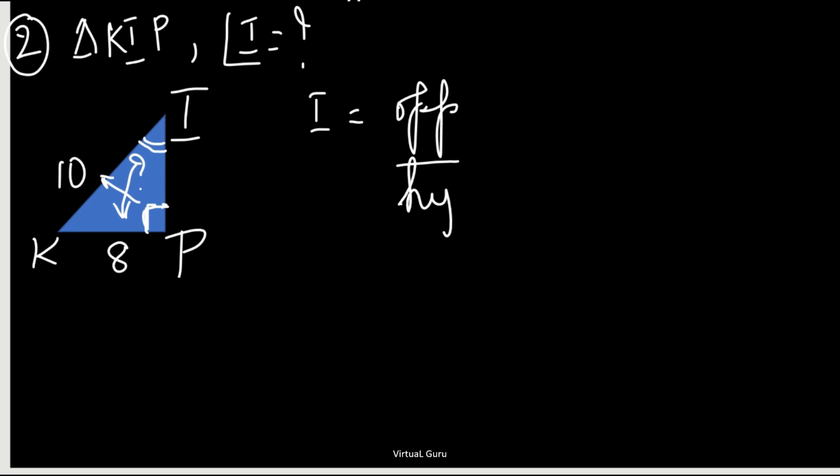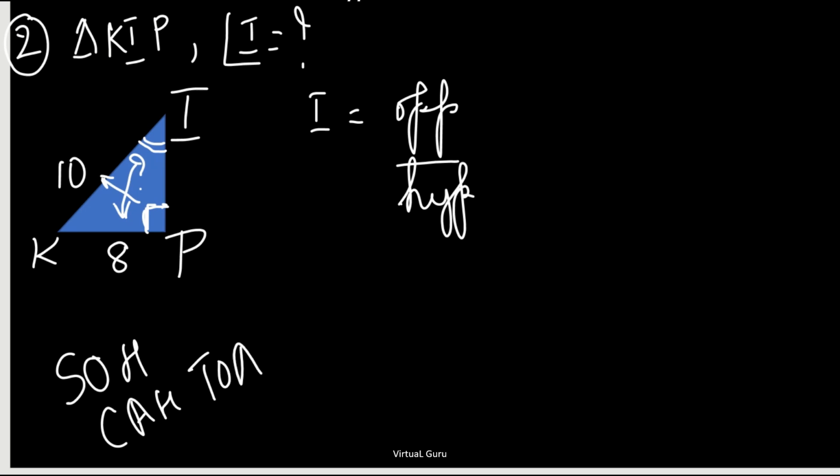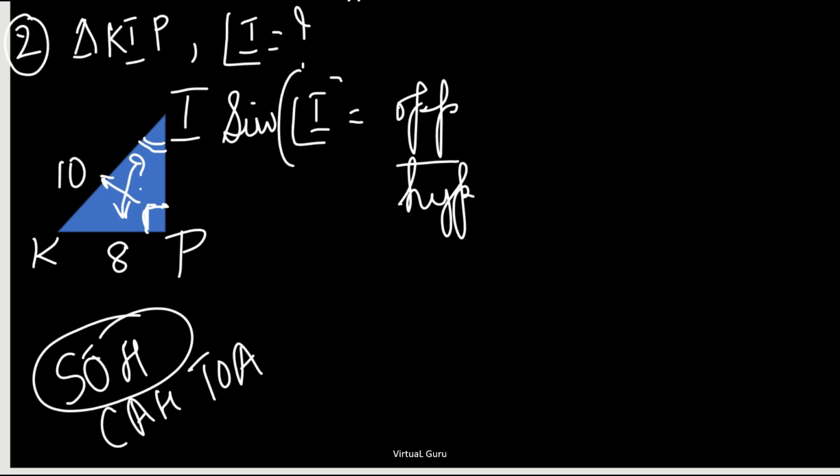So opposite by hypotenuse. Which function is associated with opposite and hypotenuse? It is sine. So we have to find sine of angle I. We have to bring the sine to the right hand side.